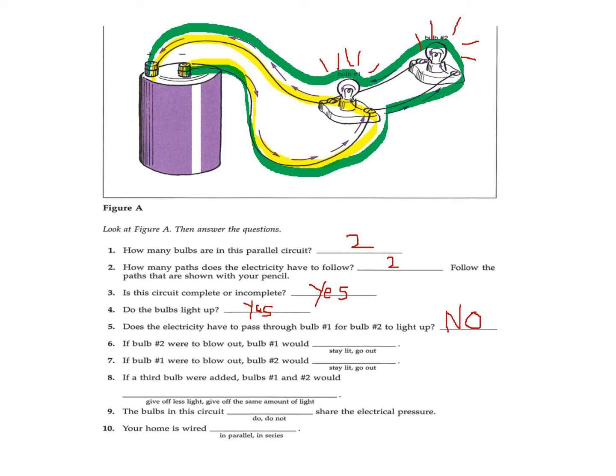If bulb number 2 blows out, bulb number 1 stays lit. Stay lit means on. You still give light. It doesn't matter. If this one dies, so what? The green one works. If this one dies, so what? The yellow one works. So you can have separate paths.